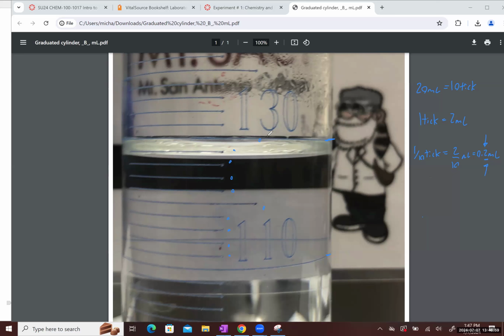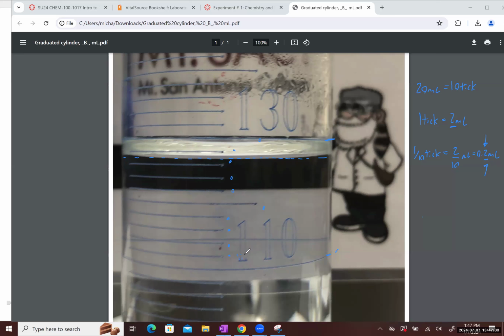Okay, I'm going to label the bottom of the meniscus, which is somewhere around here from what I can see. Okay. So 5, 6, 7, 8, 9. Let's annotate on here. Remember from our discussion, each of these ticks are 0.2.